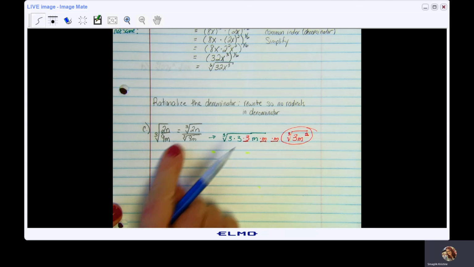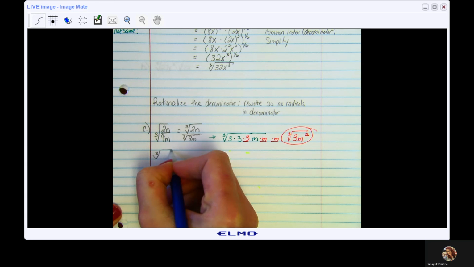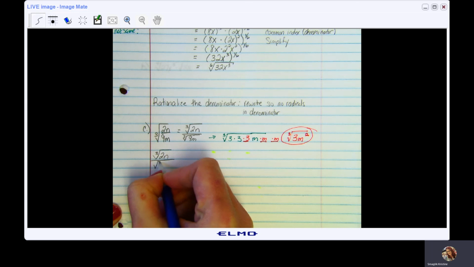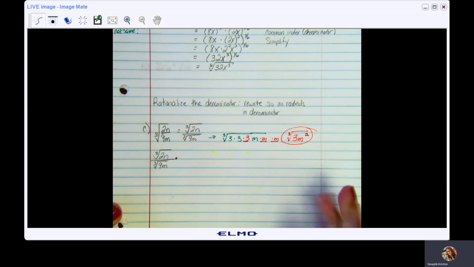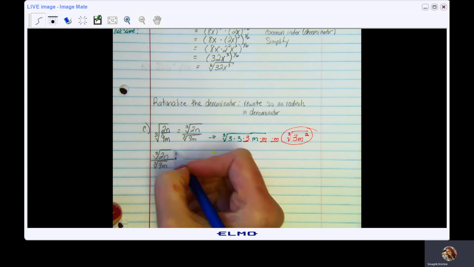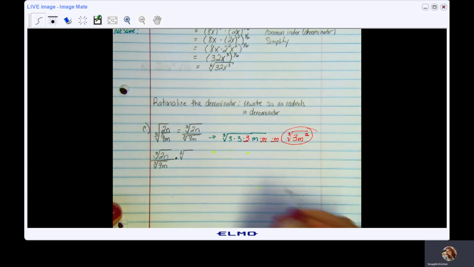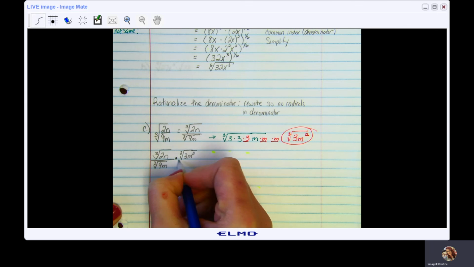I'm going to go ahead and rewrite this down here. I have the cube root of 2n all over the cube root of 9m. So I'm going to multiply numerator and denominator by the cube root of 3m squared.